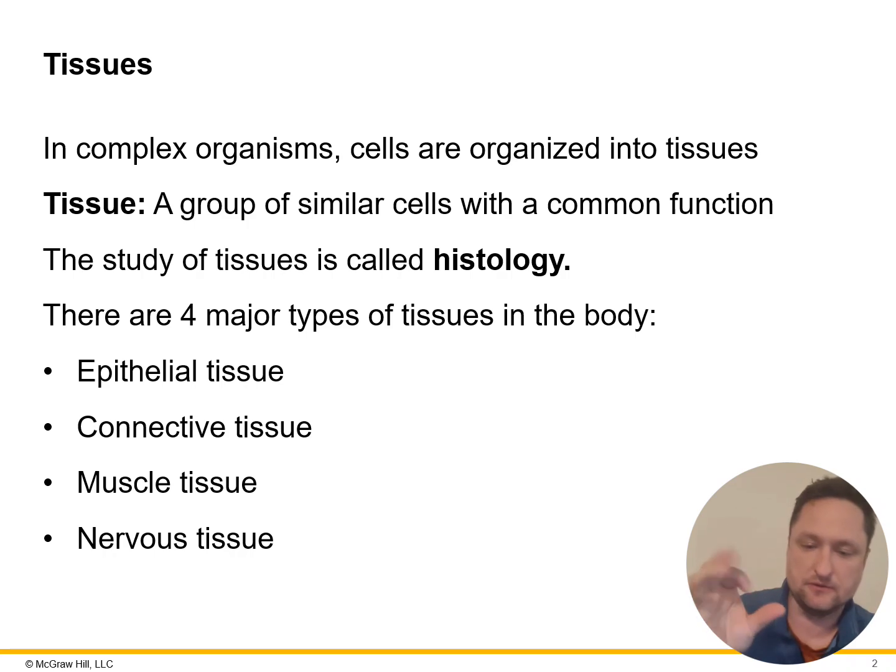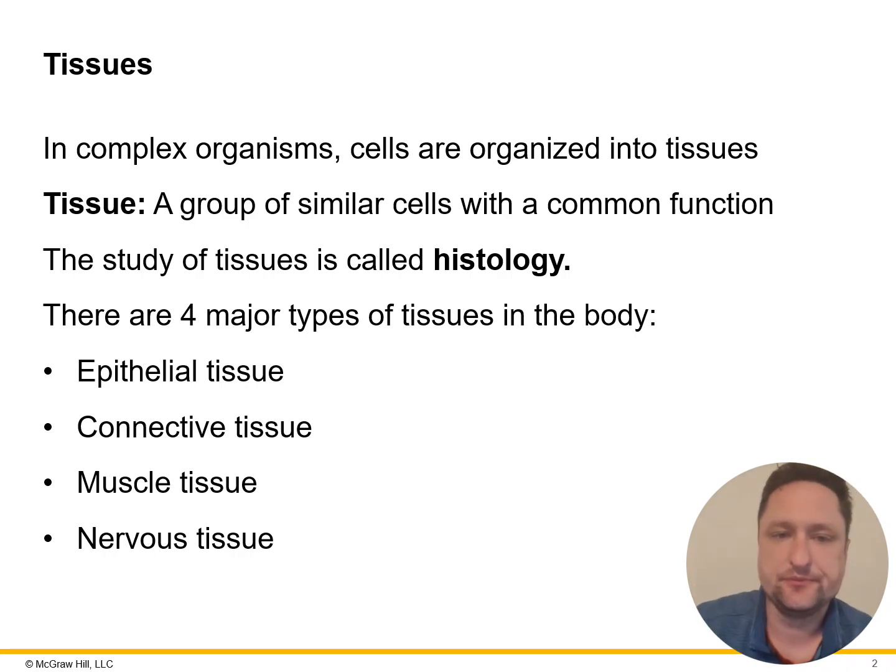I control if I want to move my fingers right now. Number four, nervous tissue. This is specialized for communication through electrical impulses, allowing coordination and control of body function.